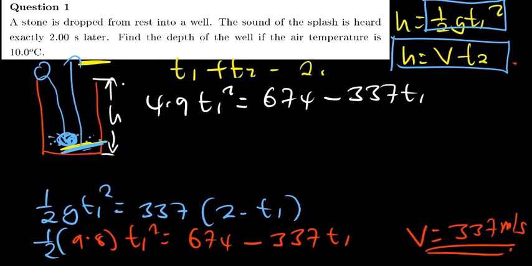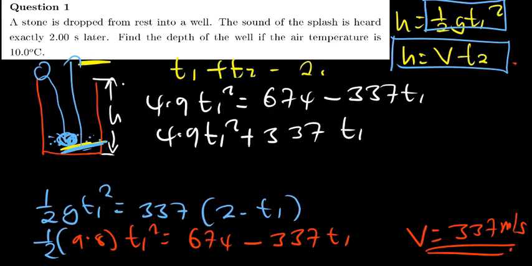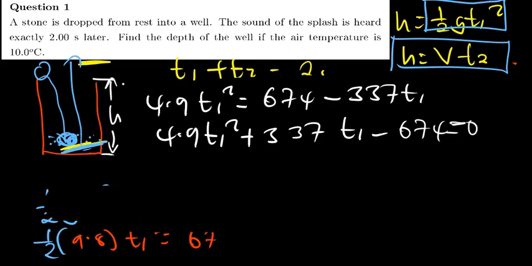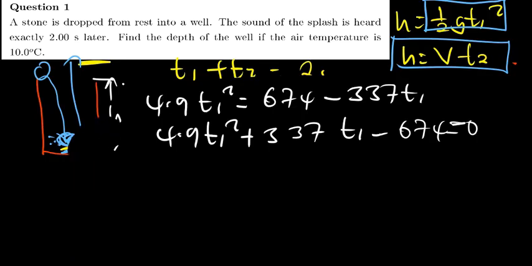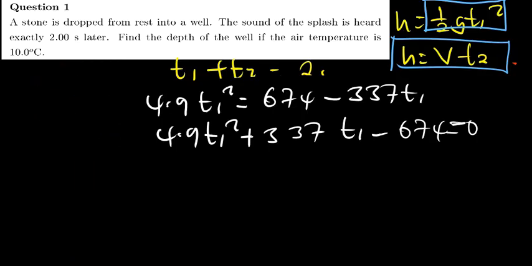Okay, so I'll have 4.9 t1 squared plus 337 t1 minus, because this one when it goes to the other side is going to be minus 674, is equal to 0. Now that I've got this equation here, I can use quadratic equation to find the value of t.